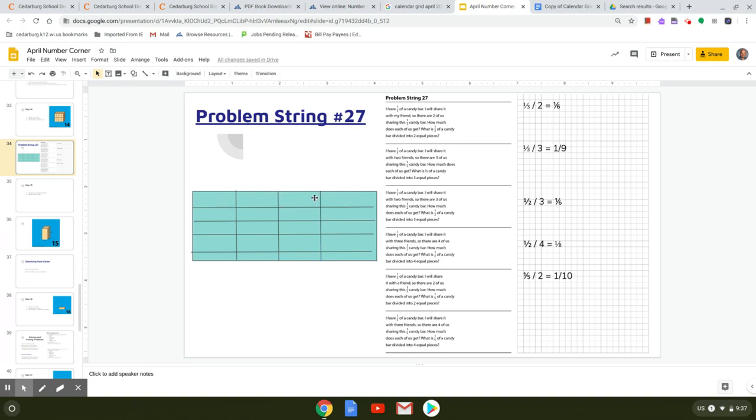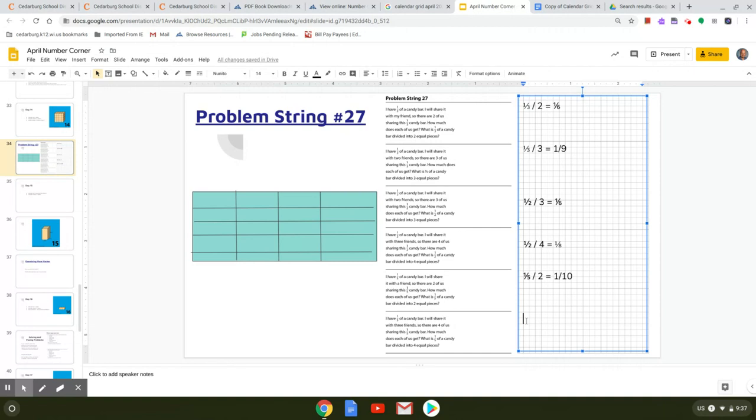Let's now see how big we have. We have 1/5 of a candy bar that we are dividing by four people. And what is the total that each person is going to get? Remember, this is the 1/5, and then we're breaking this 1/5 into four pieces. So each person's going to get 1/20 of a candy bar.